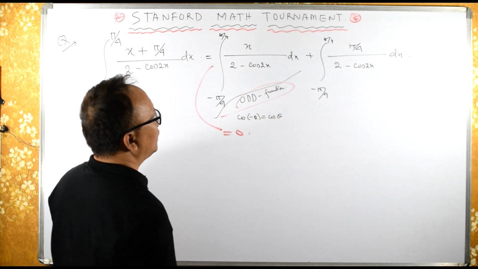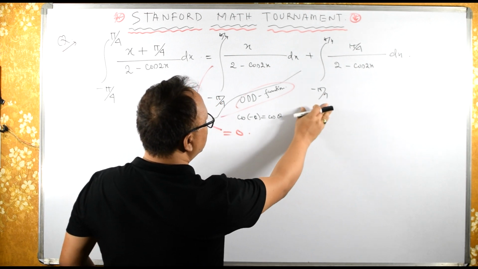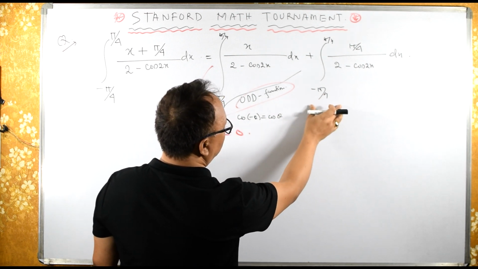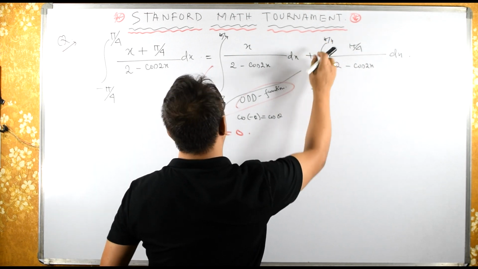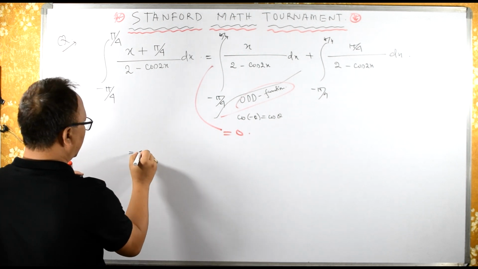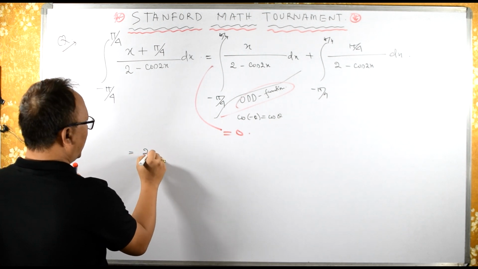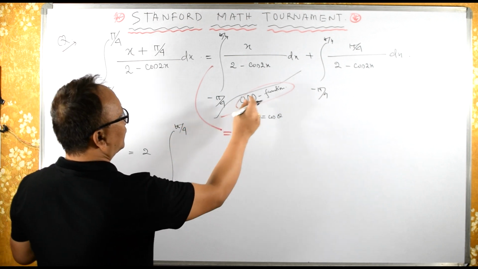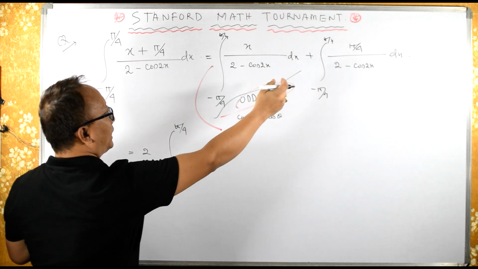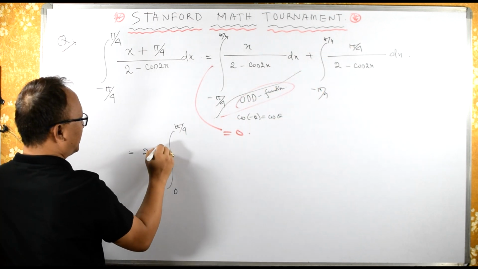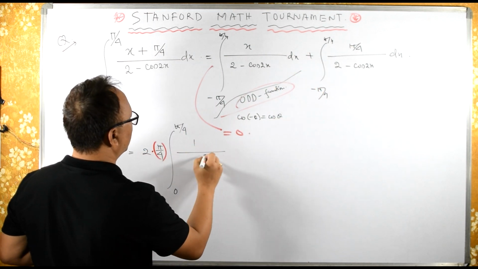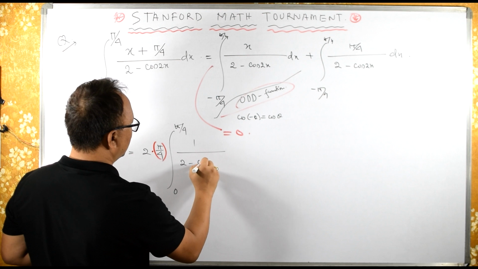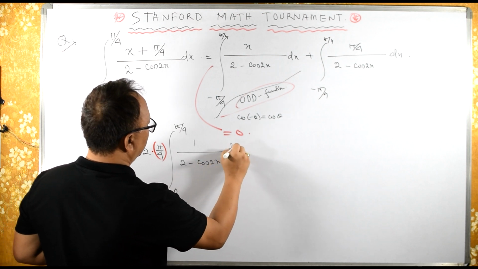Okay, so now we have only this much. So what I can do is change the limit. The limit is minus pi by 4 to pi by 4, so this can be written as twice the integral from 0 to pi by 4. Here I can send pi by 4 also outside, 1 upon 2 minus cos of 2x dx.